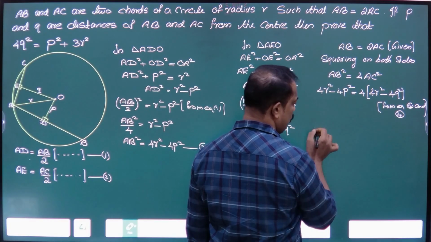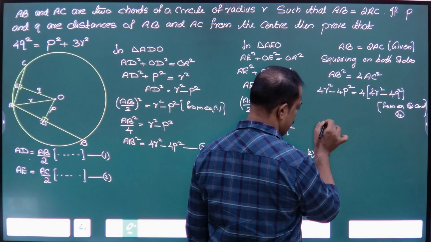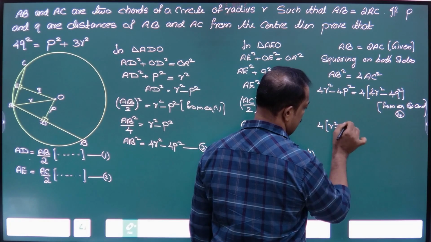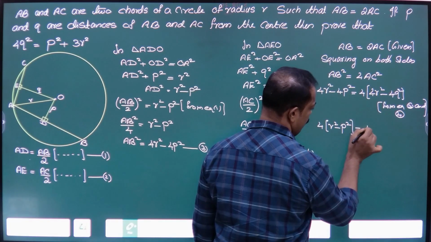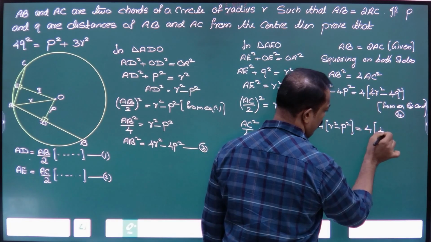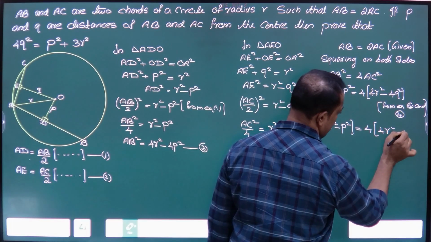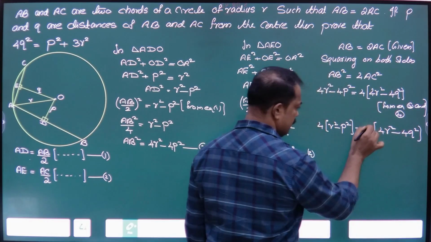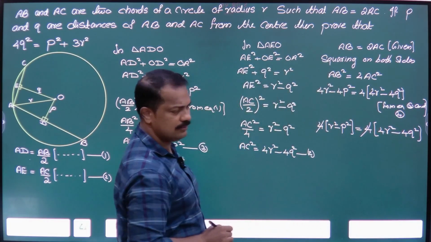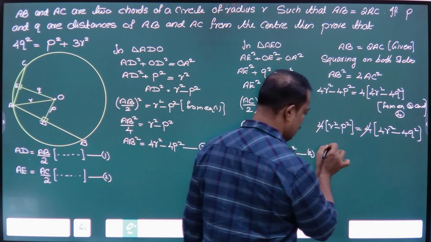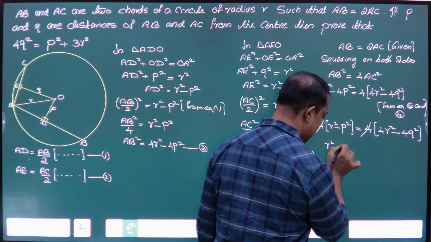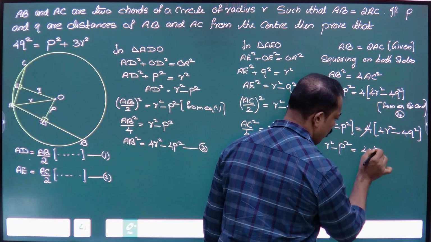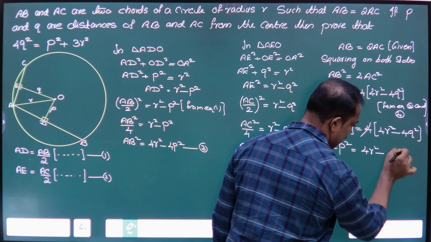From this, which is common? 4. This 4 cancels. Remaining terms: R square minus P square equals 4R square minus 4Q square.